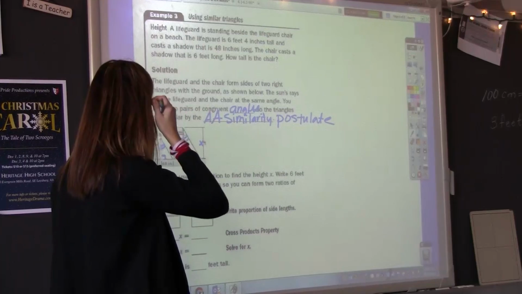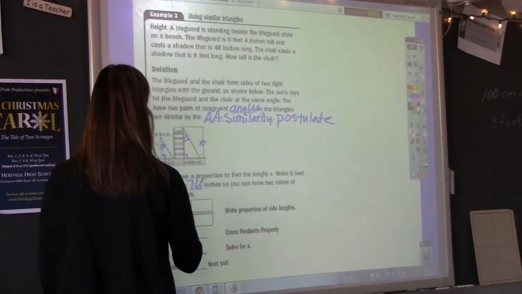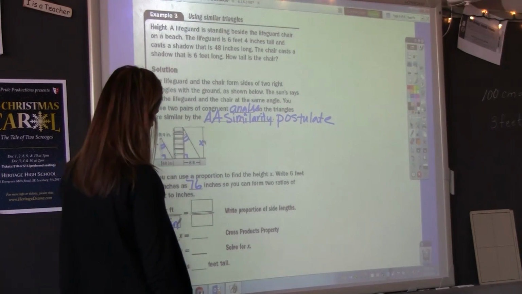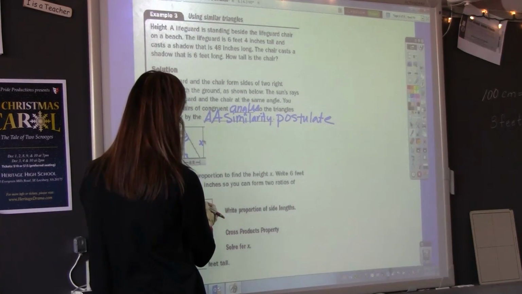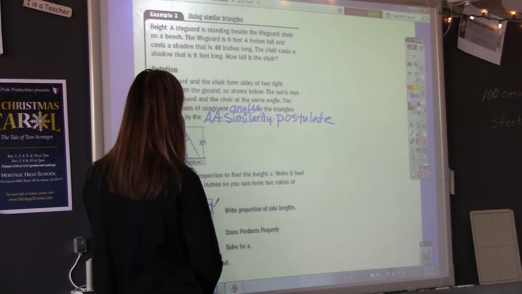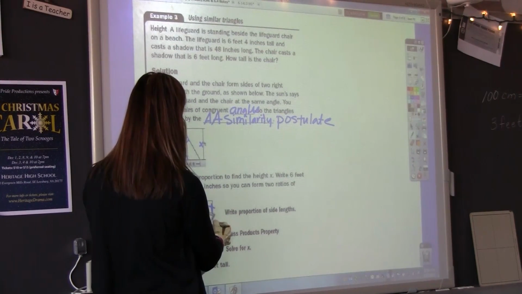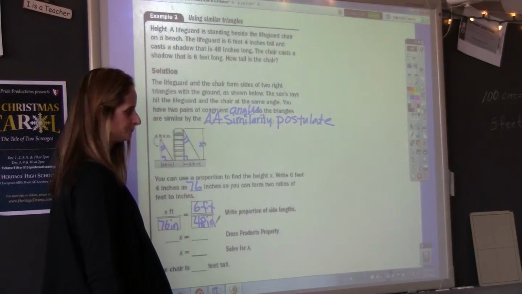Height of the chair, we don't know. Height of the lifeguard, we do know. I'm going to put it right here. Length of the shadow, we know. Length of the lifeguard's shadow, we do know. That's just how I'm setting up mine.